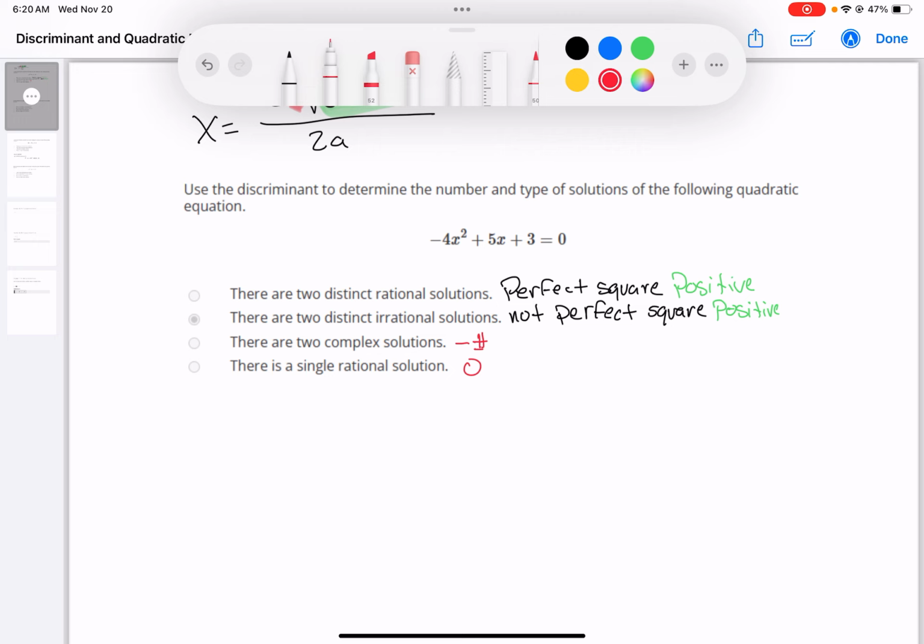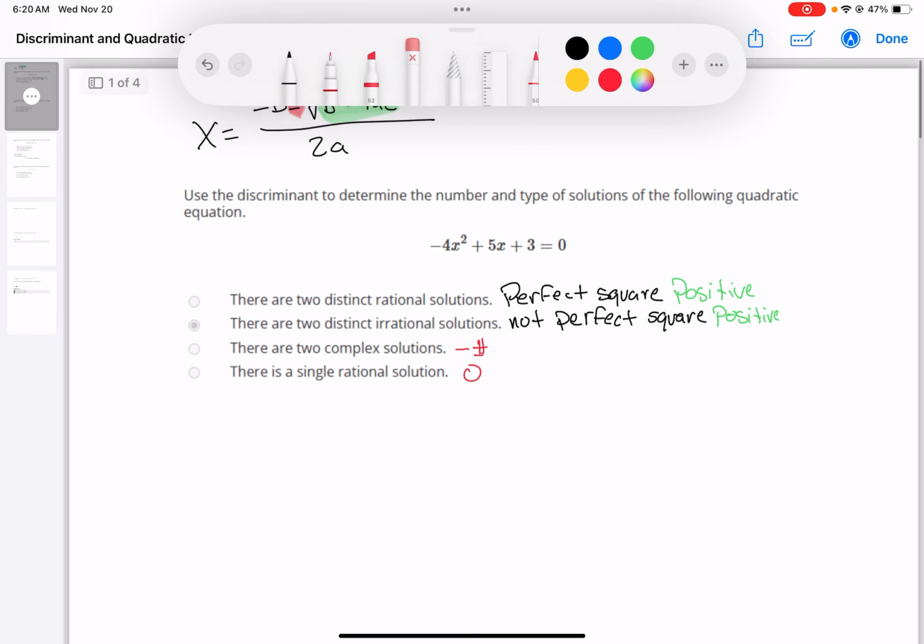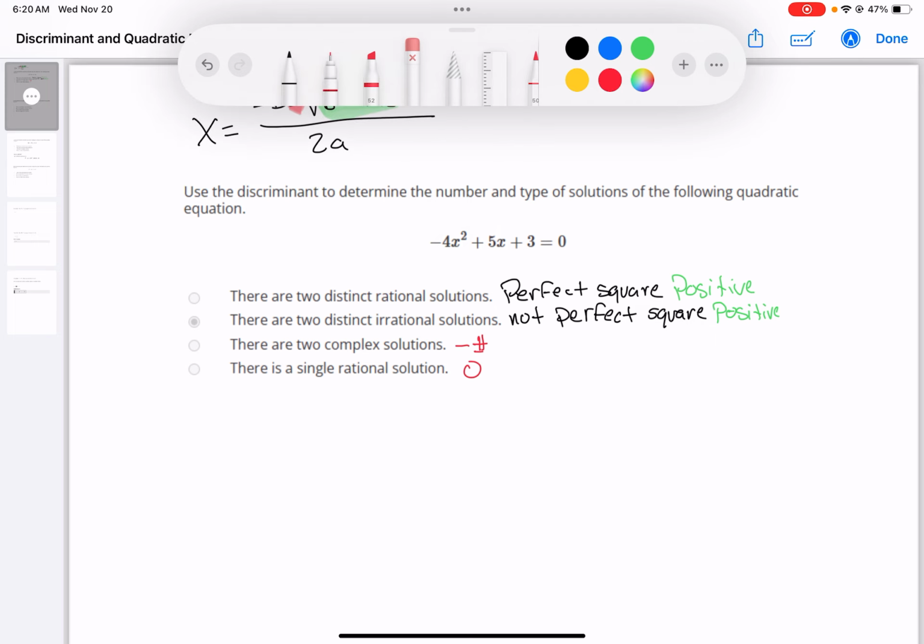So what we're going to do is, in this original problem, take the information that we have and plug in the discriminant. I'll show you what I mean here. Okay, so we got whatever b is squared minus 4ac. So here I got 5 squared, and then negative 4, and then I've got 3.